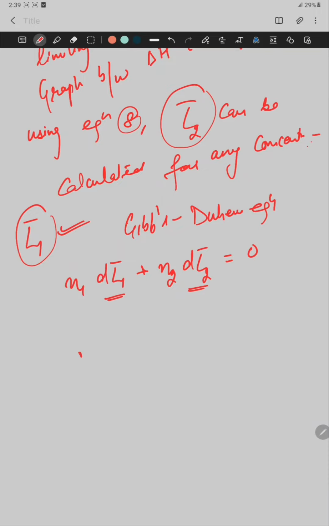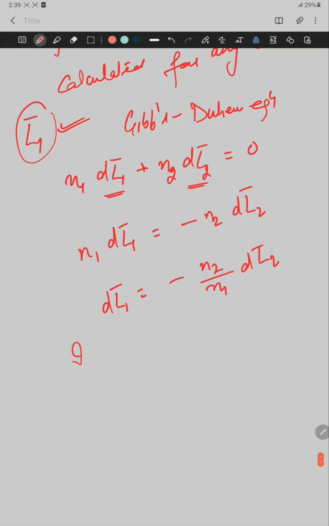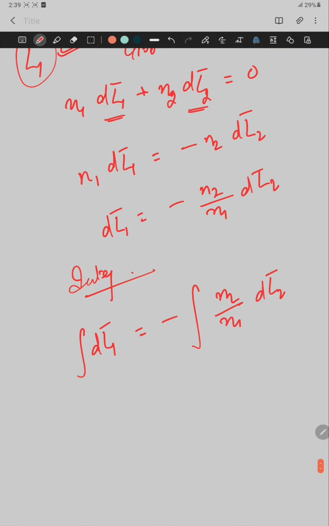From here you can calculate N1 dL1 equals minus N2 dL2, and dL1 equals minus N2 by N1 into dL2. Integrate this equation within proper limits. Left side integration: dL1 equals minus N2 divided by N1 into dL2.